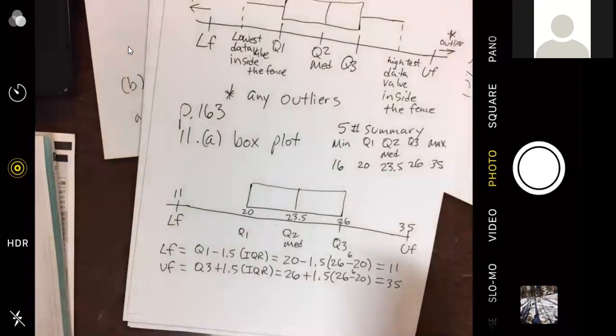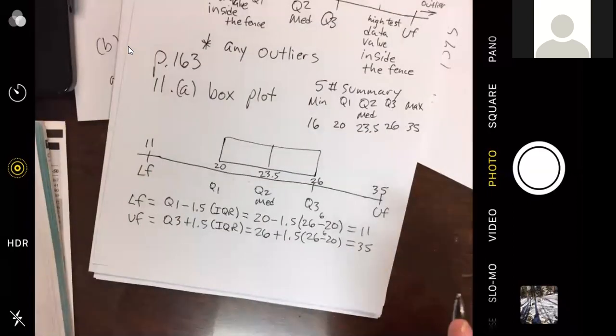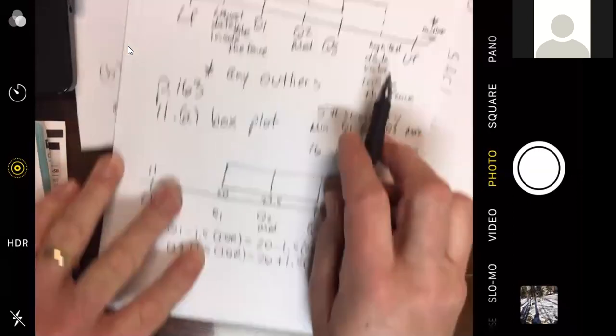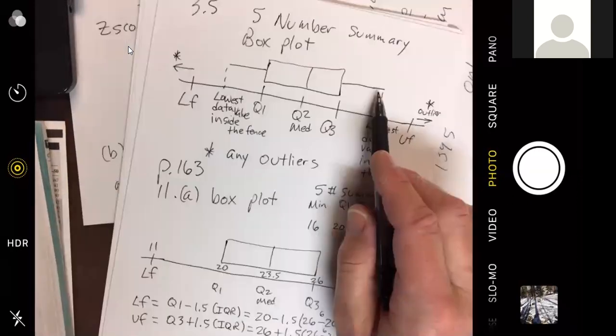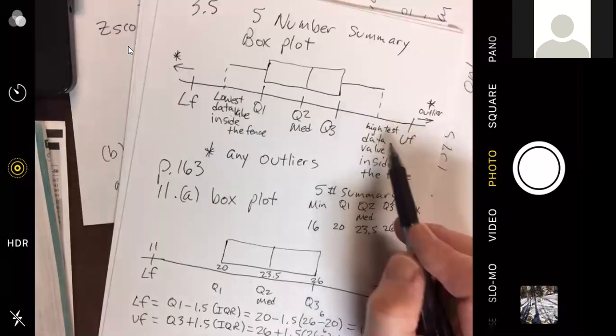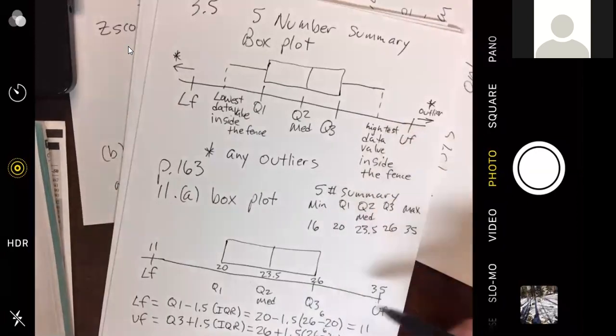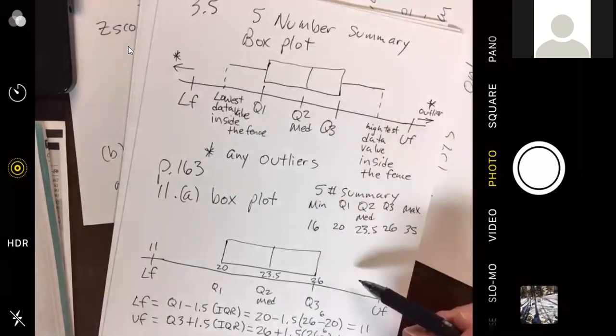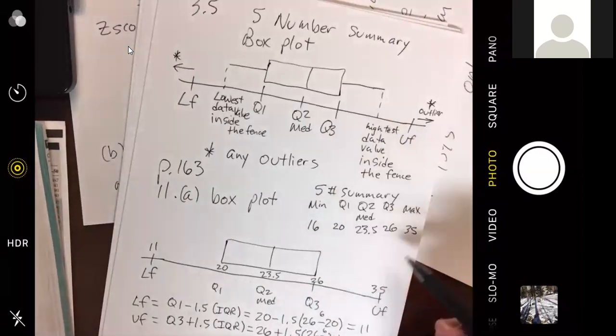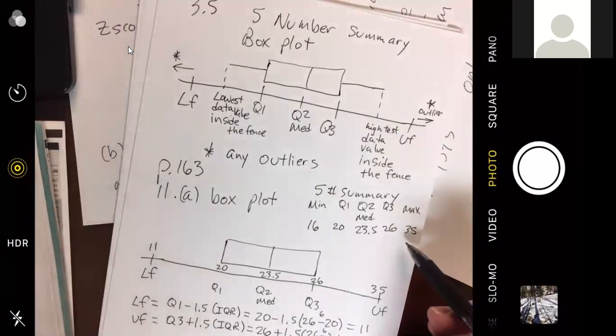Now I'm going to do the box plot very carefully. The whisker goes to the highest value that's inside the fence. My highest from the 5 numbers is, well, in actuality, going to be 35.